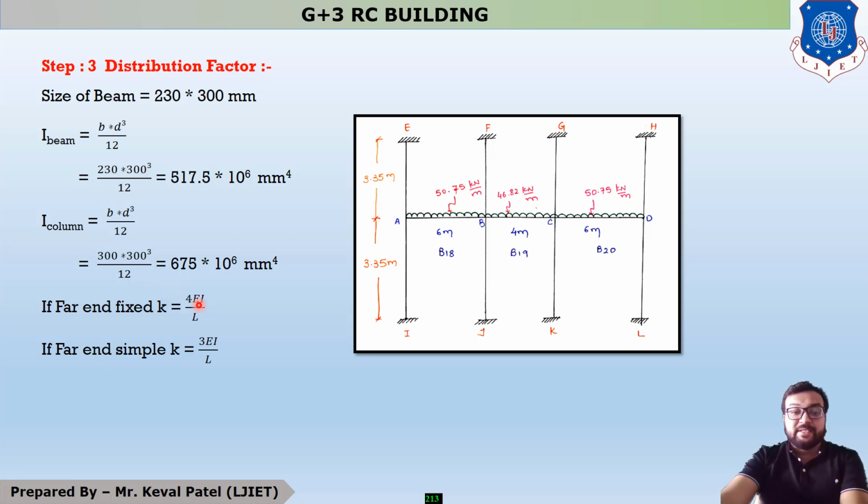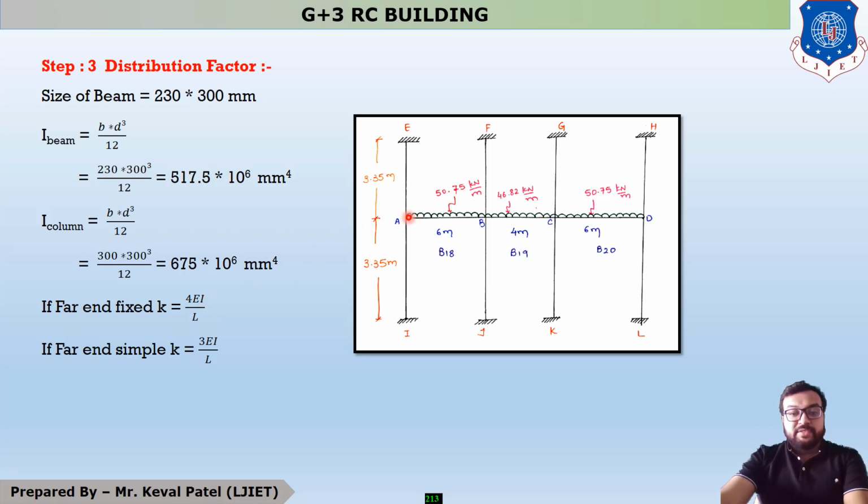Now second is E. E is modulus of elasticity. The value of modulus of elasticity is 2 into 10 raised to 5. The value of modulus of elasticity for the beam and the column also remains the same. So your 4 and E are cancelled.